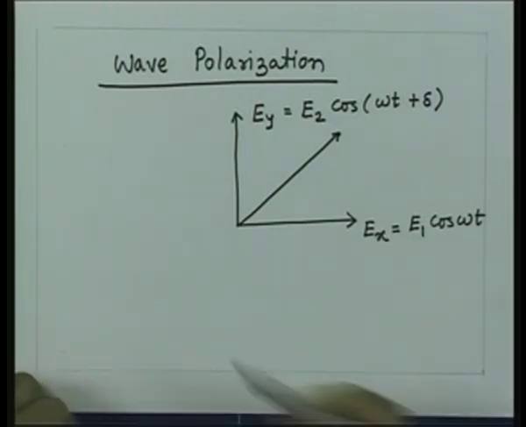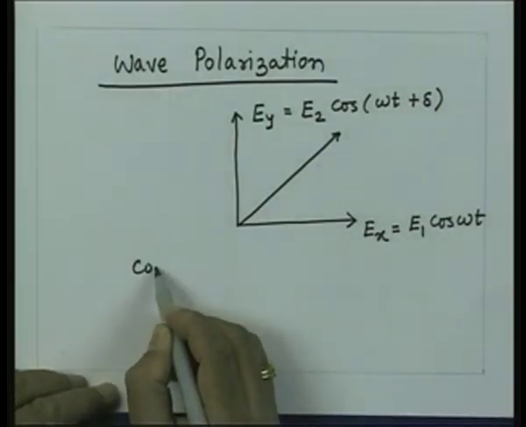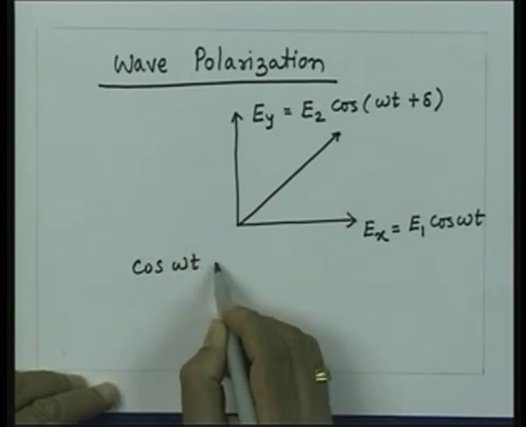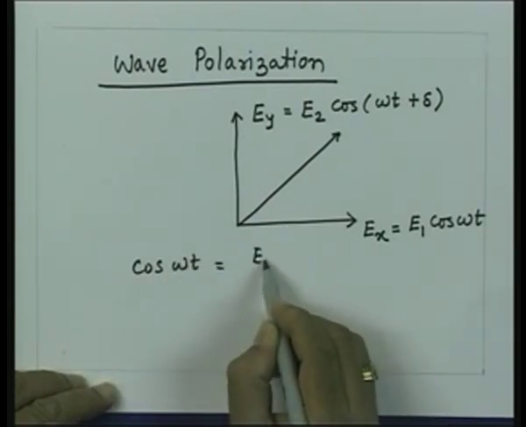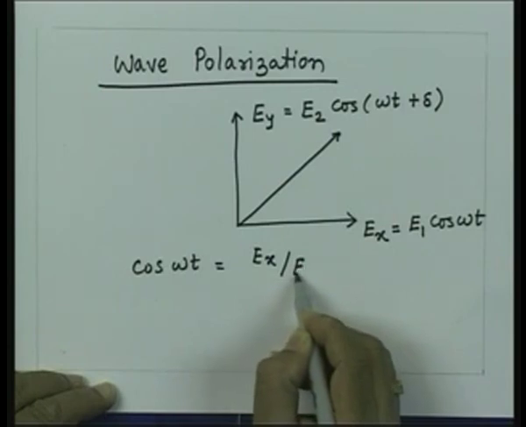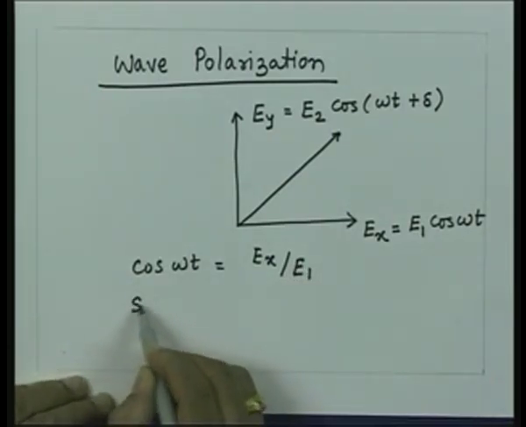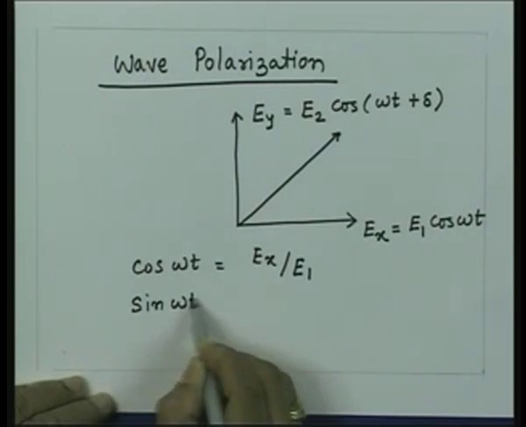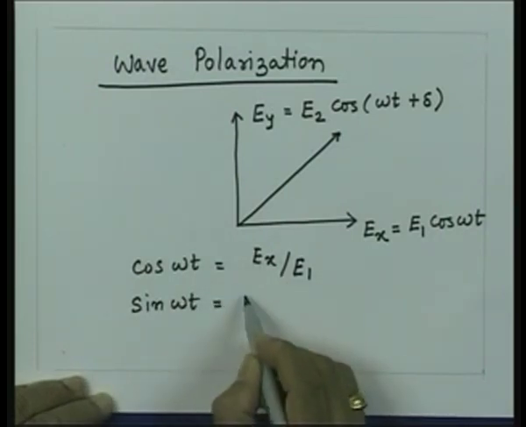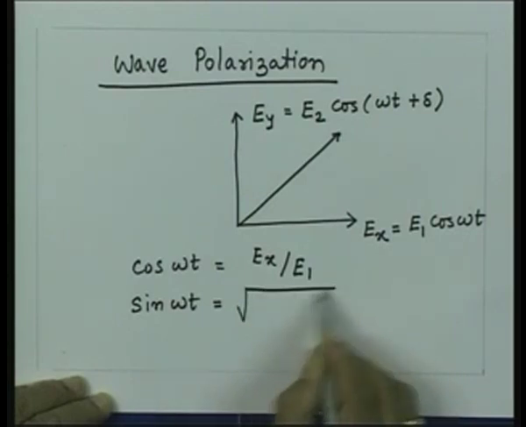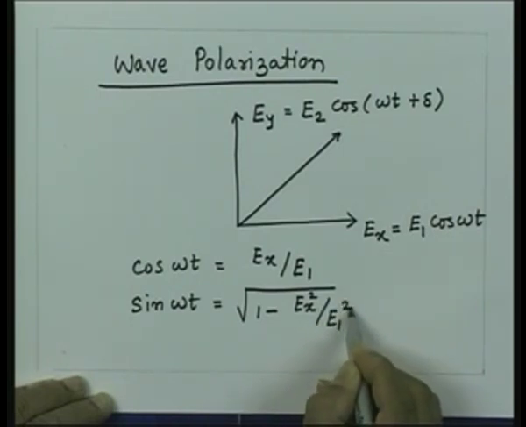So, from this equation I have cos omega t that is equal to Ex upon E1, and from here I will get sin omega t that is equal to square root of 1 minus Ex square upon E1 square.